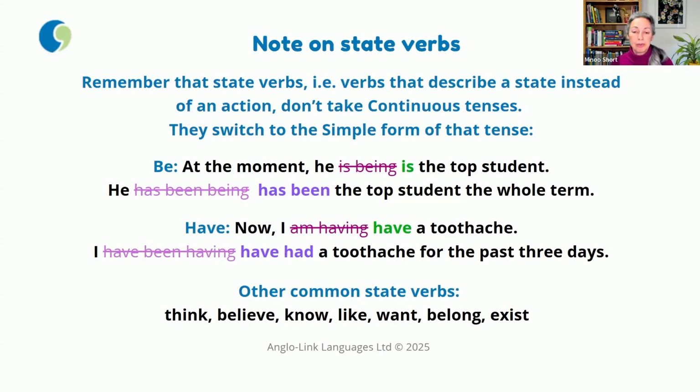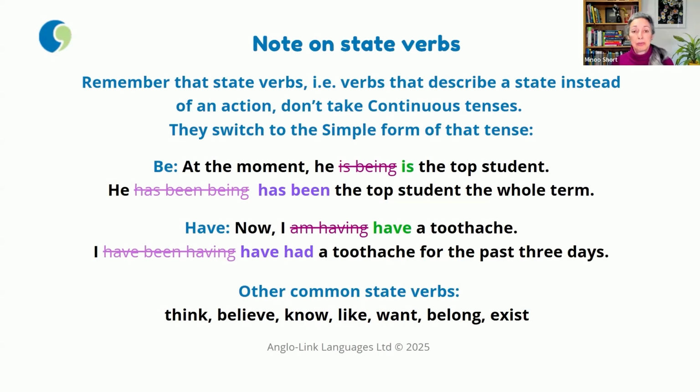So let's look at examples. For example, you can't say, at the moment he is being the top student. Is being doesn't exist, it doesn't work, it has to change to its simple form: at the moment, he is the top student. And we can't say, he has been being the top student the whole term. Has been being doesn't exist, so we change to: he has been the top student the whole term.